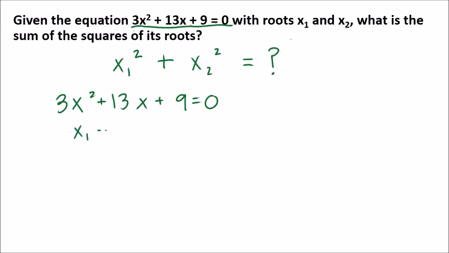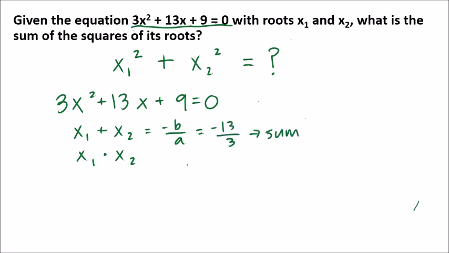So x sub 1 plus x sub 2 and x sub 1 times x sub 2. So our sum would be negative b over a, like we said, and that is just negative 13 over 3. So negative 13 over 3, that is the sum of the roots. And c over a would just be 9 over 3. So that's just 9 over 3, and that's 3. And that is the product of the roots.